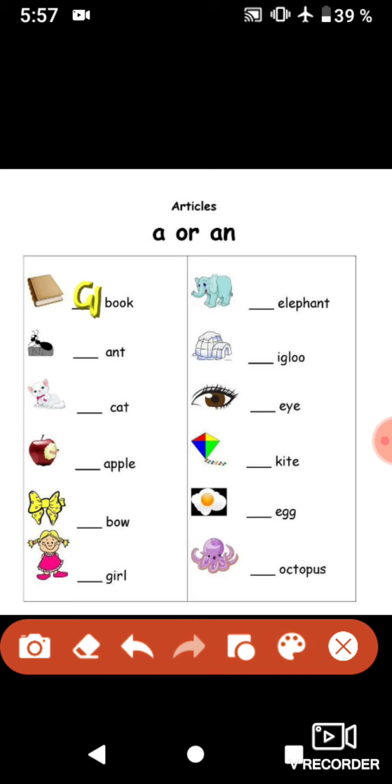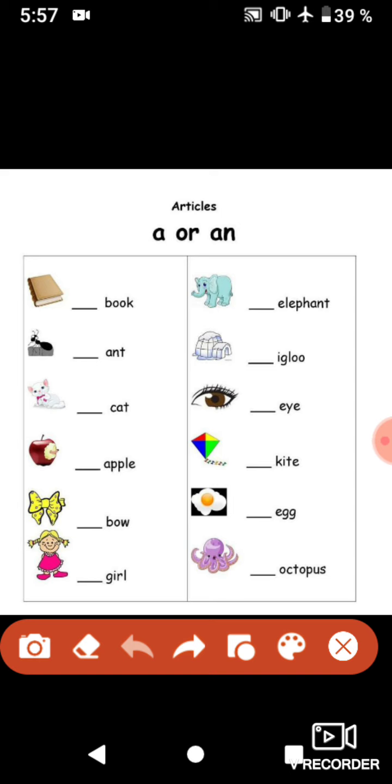A book because we have a B sound at the beginning. The second one, a ant or an ant. We are going to say an ant. Why? Because we have a vowel sound at the beginning.